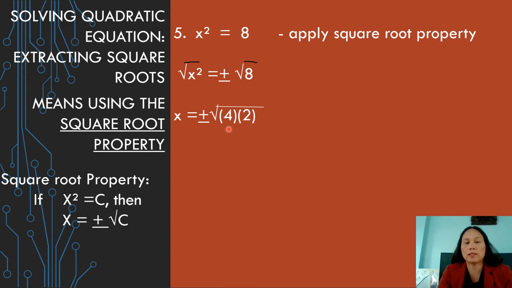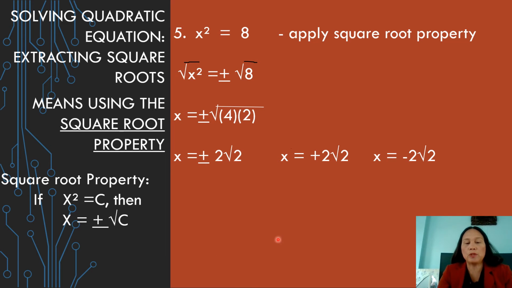Once you extract the square root of 4, you can put that outside the radical sign. So, square root of 4 is 2. Therefore, we have x is equal to positive and negative 2 times square root of 2. The square root of 2 stays inside the radical because it's not a perfect square, but this one is in simplest form.